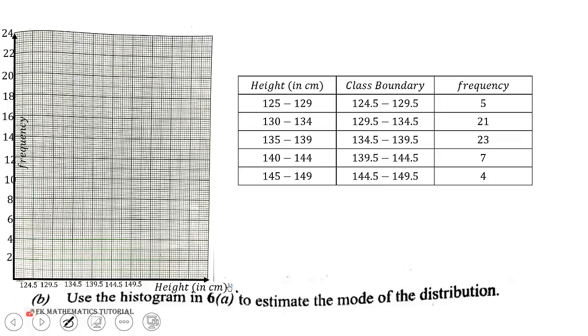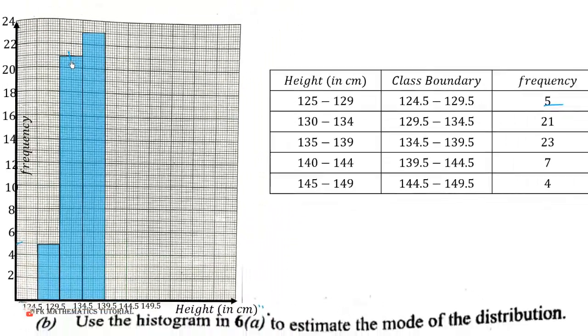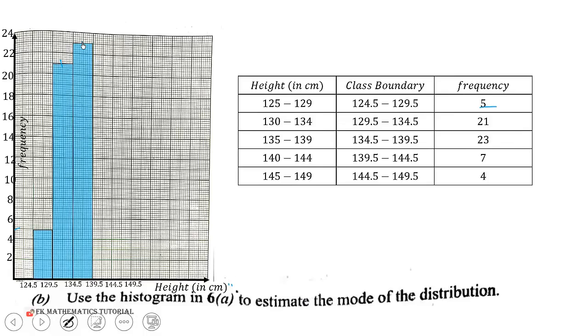So we can now draw our histogram. The first one will take a height of 5. So that is what we have here. The next one will take a height of 21. So 21 is here. And the next one will take a height of 23. So 23 is here. And the next one will take a height of 7. And the last one, height of 4. So that is our histogram.